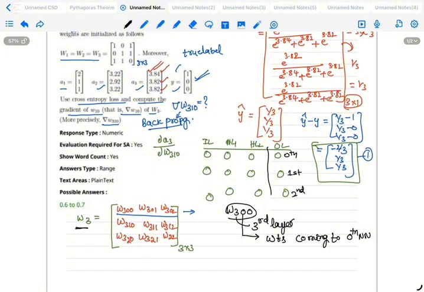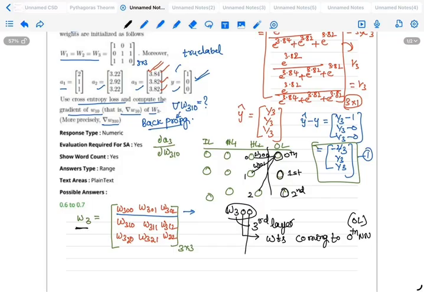In this question they start from 0, not 1. So this is the 0th neuron, first neuron and second neuron. All the weights coming to the 0th neuron in the output layer are W300, W301, W302.